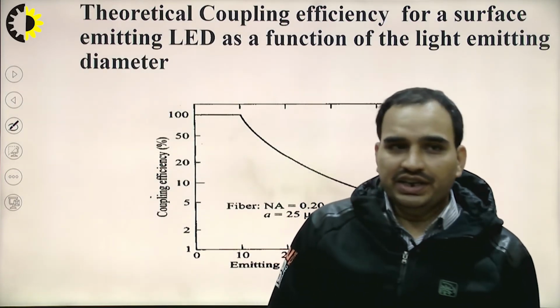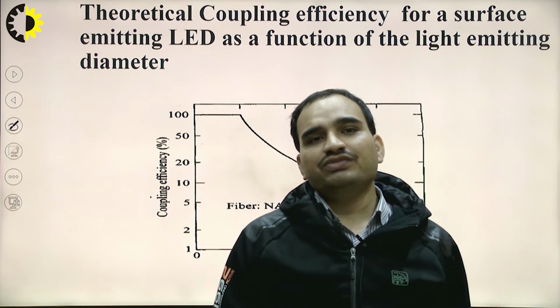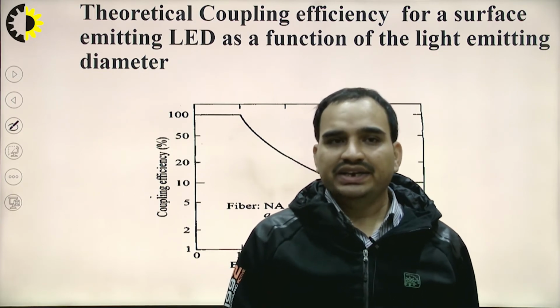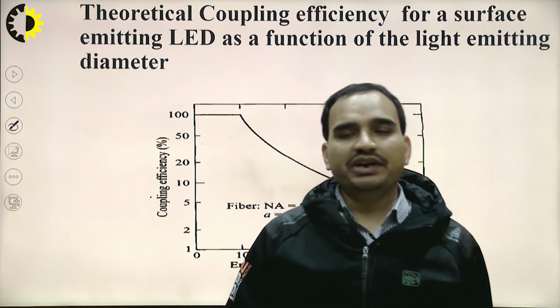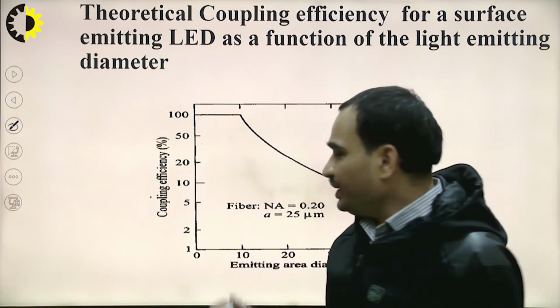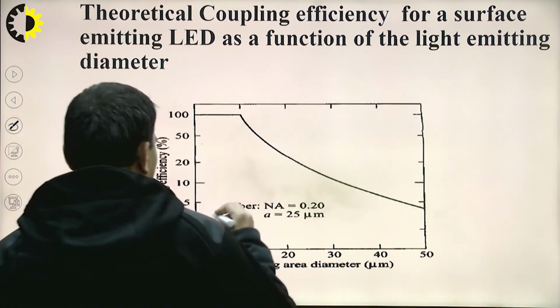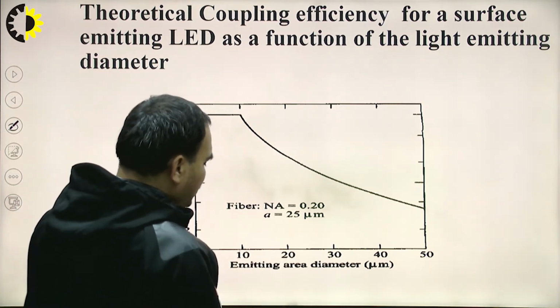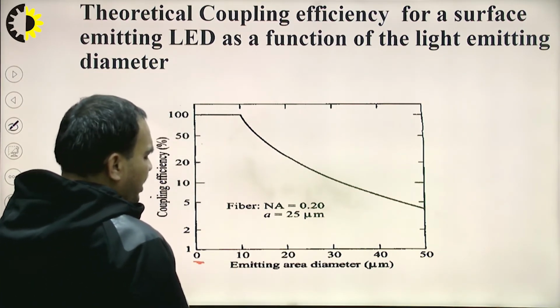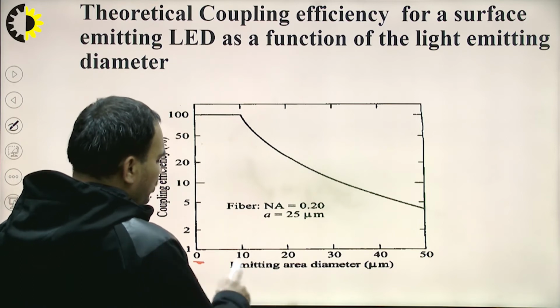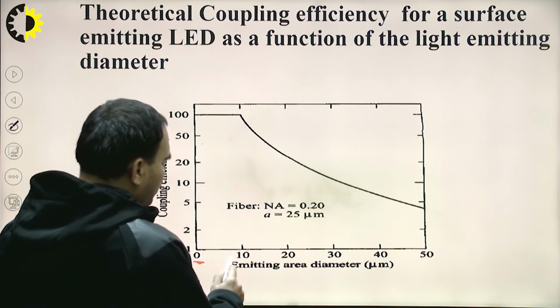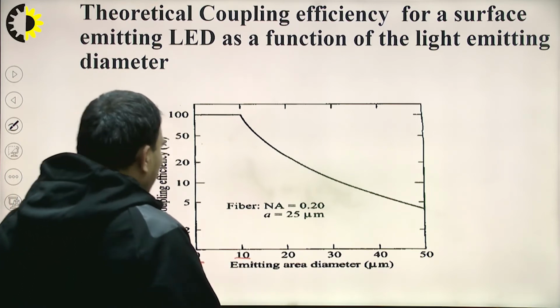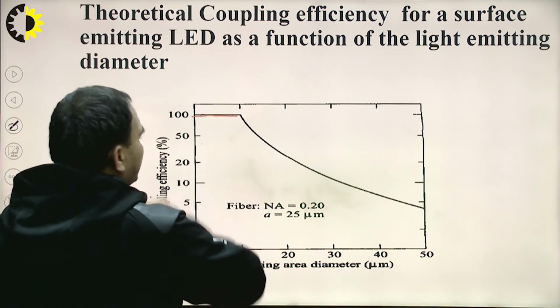Theoretically, consider the coupling efficiency for a surface emitting LED as a function of light emitting diameter. Let's say we start from 0 and the diameter is increased in steps of 10 micrometers. From 0 to 10 micrometers, the coupling efficiency is constant, that is 100%.